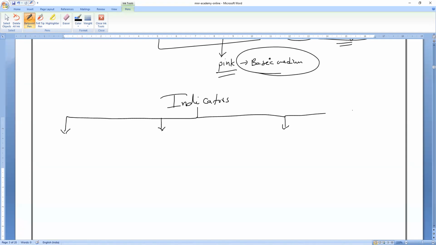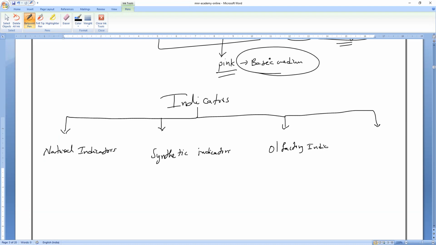We are going to classify them into how many types? 4 types. The first one is natural indicators, the second one is synthetic indicators, the third one is olfactory indicators, and the fourth one is universal indicators.